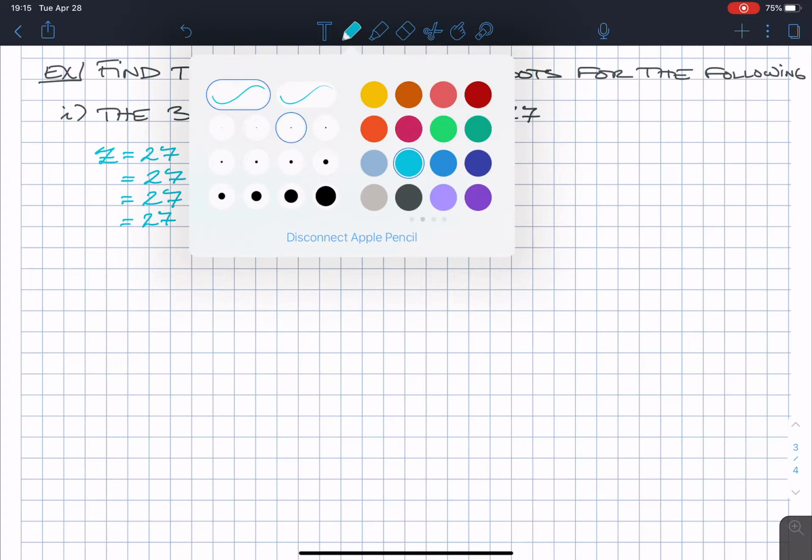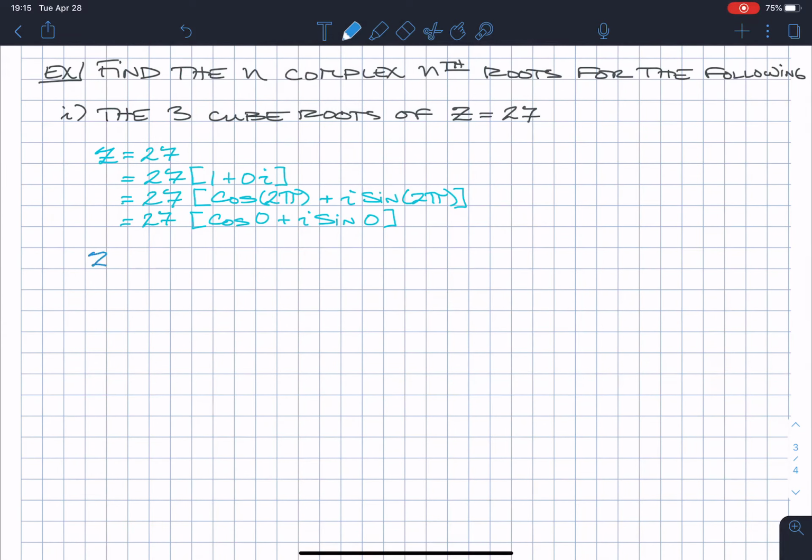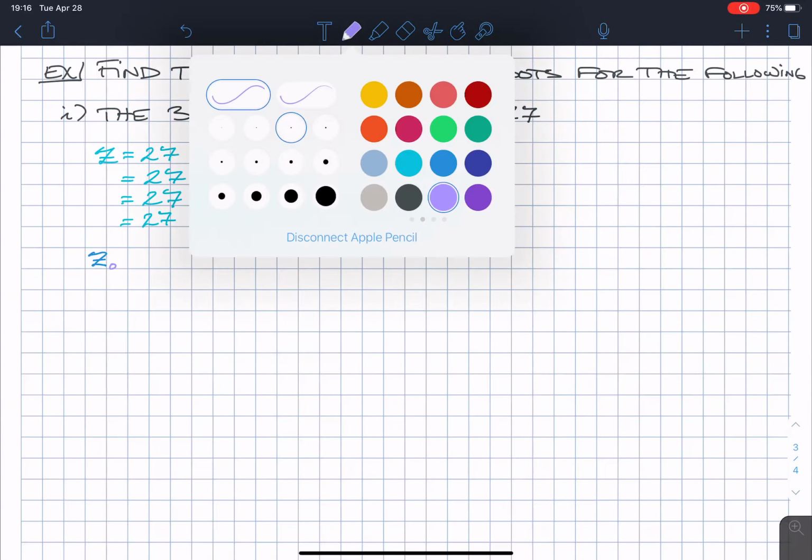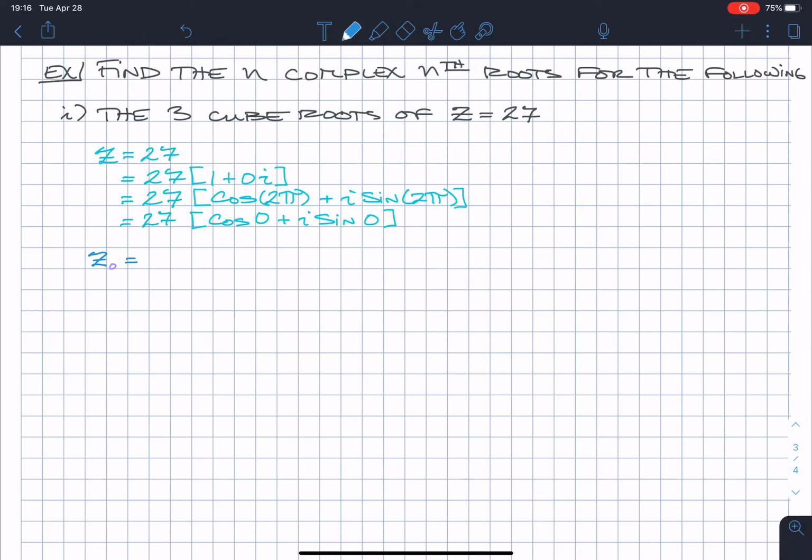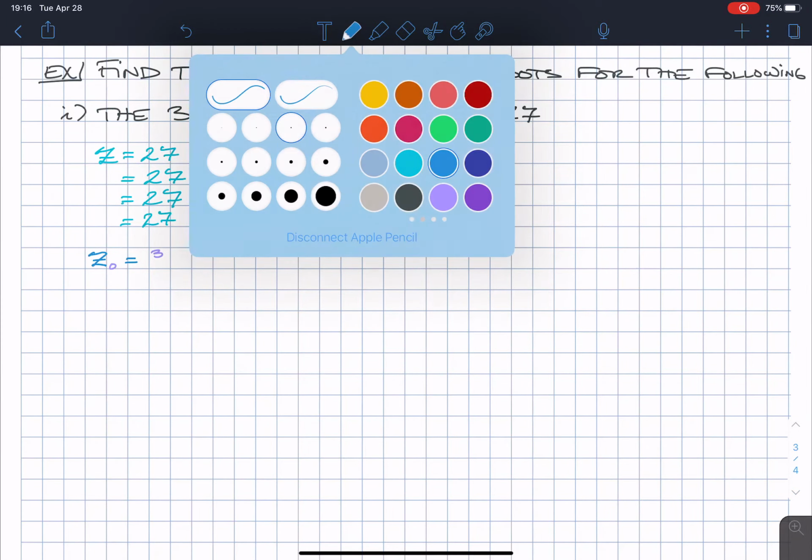Okay, so first we want to find z sub 0. So z, how do I want to say this? The cube root, so z sub 0, the first cube root, is going to be the cube root of 27.